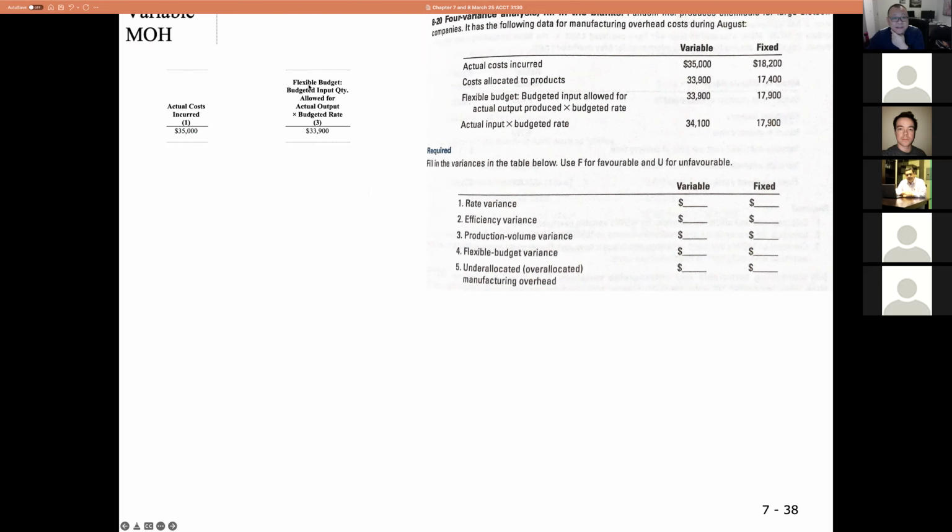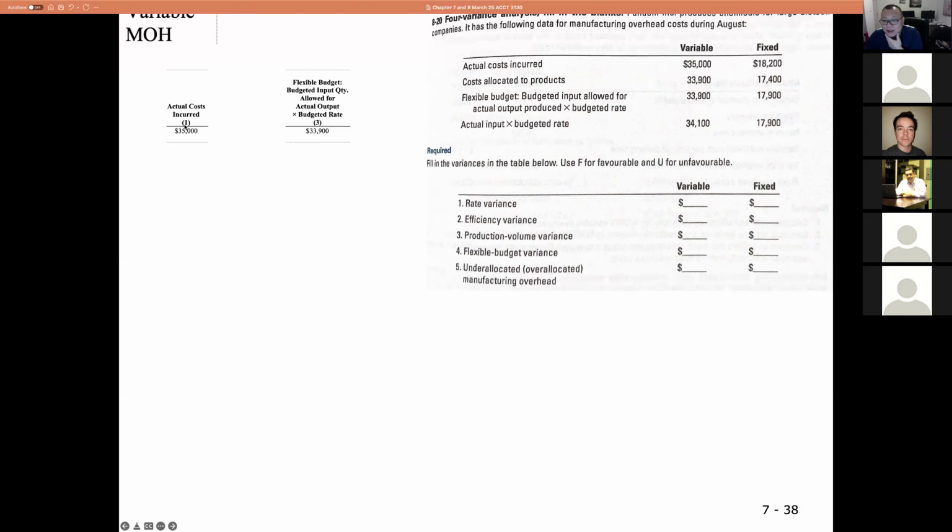And the flexible budget, okay? This one is 33,900. If I take this difference, what is the name of the variance I'm going to get between 1 and 3? Rate variance.